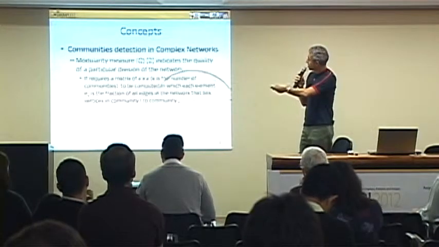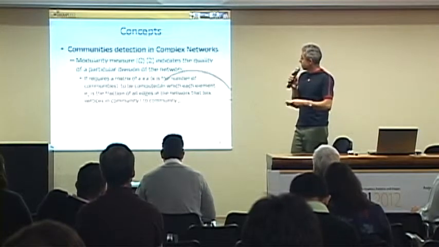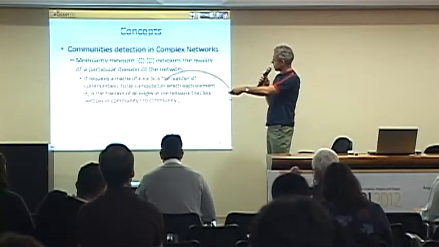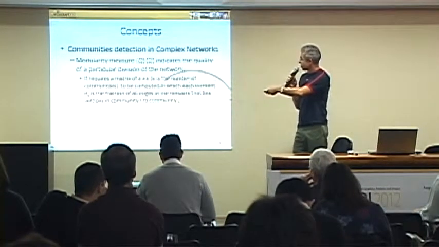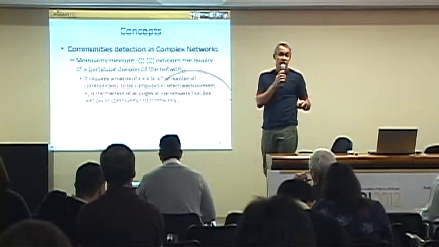So k is equal to 10, so you compute a matrix k by k, in which each element, Eij, is a fraction of all edges in the network that link vertices from community i to community j.